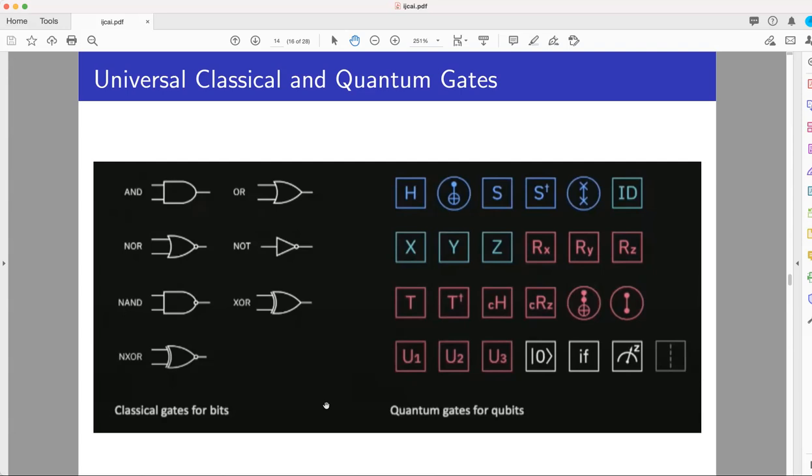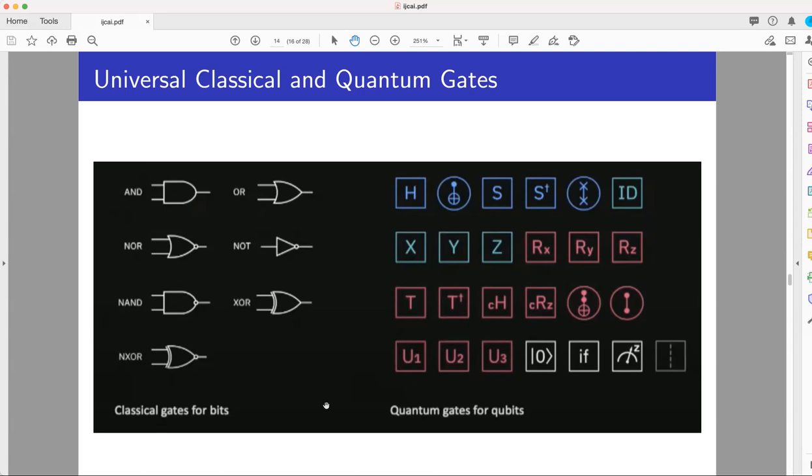But similarly, if we consider quantum gates, it allows more than 15 universal gates. And all the quantum universal gates can be used to set up very complicated target functions.